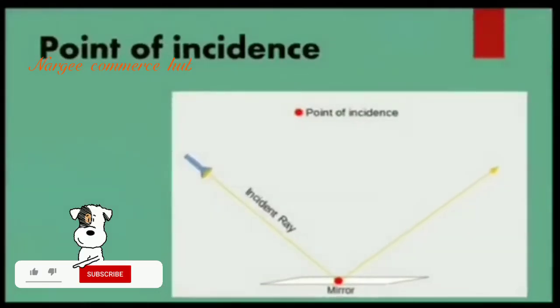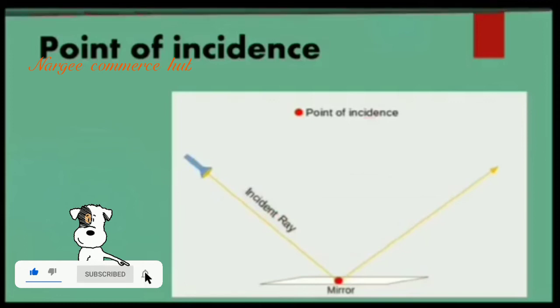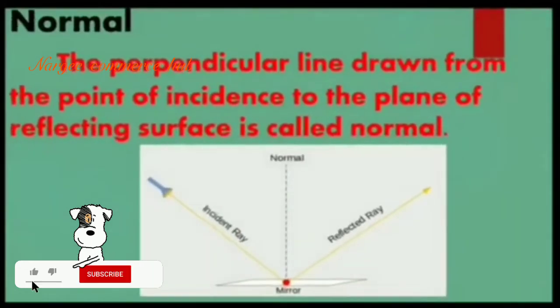Next one, point of incidence. The point at which our incident ray strikes the reflecting surface is the point of incidence. Then next we see about normal.